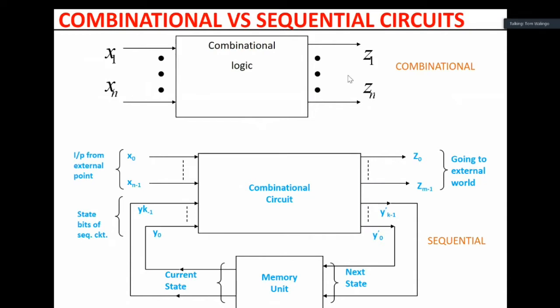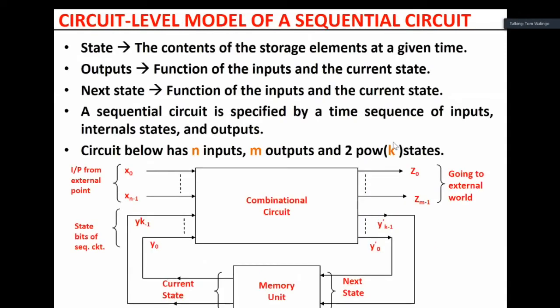Okay, so that is what we are talking about. Now, this is a summary of what we've been talking about. What is a state? The state is the contents of the storage elements. What is stored in memory? That is what the state is. The output is a function of the input and the current state. The next state is a function of the inputs and current state.